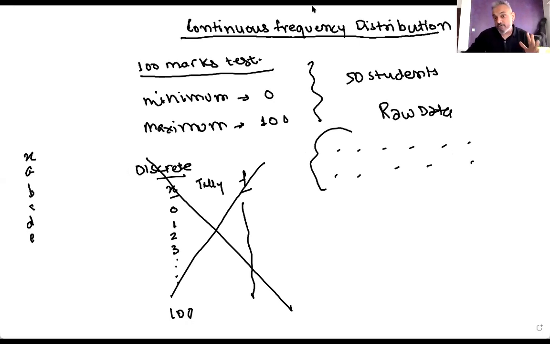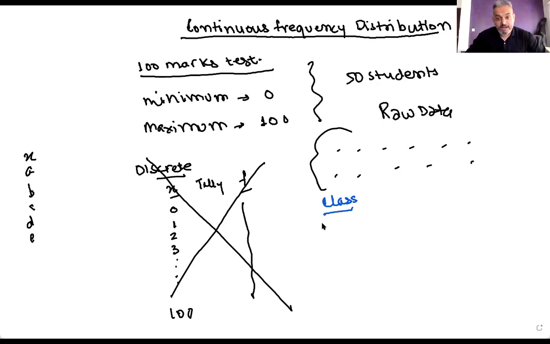So what we should ideally do is, instead of going for discrete, we go for continuous. So in continuous, say we will take class. Now, what is a class? In class, there is a minimum and there is a maximum.